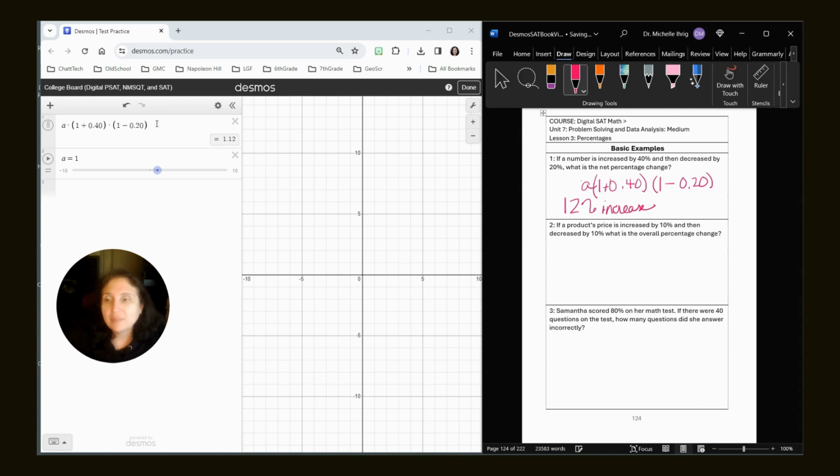To give you an example, if I had $100, if I multiplied it by 1.40, that would end up giving me $140. But then if I took off 20% of it, I would have only 80% left. And then again, you can see the 112. So when it comes to percent increase and decrease, if we're increasing, it's the number we start with, but we're adding that increase.